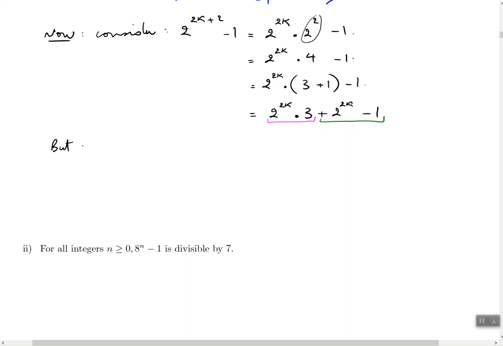We know that 3 divides 2 to the power of 2k minus 1. So there must exist some integer, let's say m, such that 2 to the power of 2k minus 1 is equal to 3m. This is true by definition of divisibility.